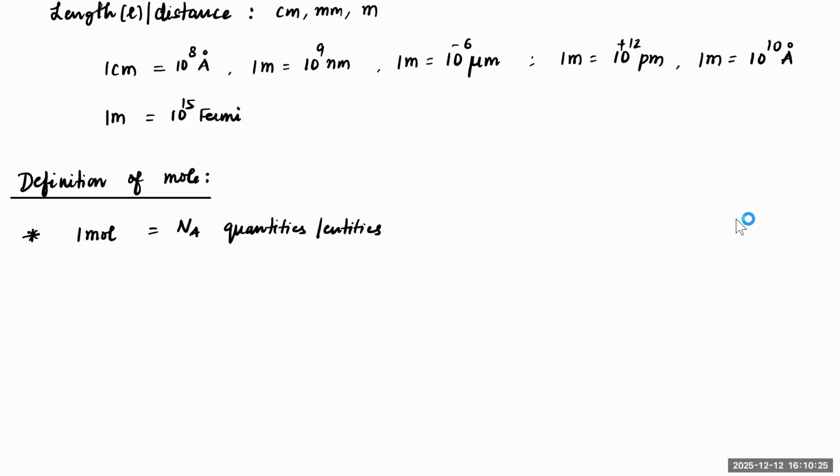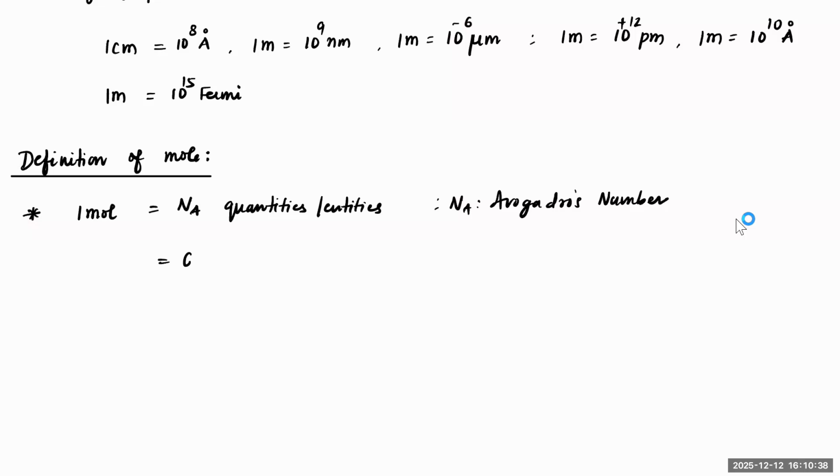What is Na? Na is named Avogadro's number. And how much is that number? It is 6.023 into 10 raised to power of 23 entities.